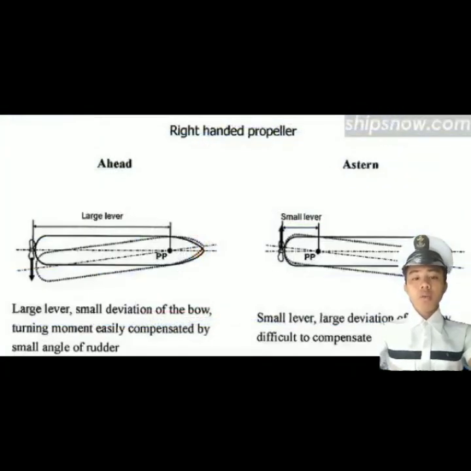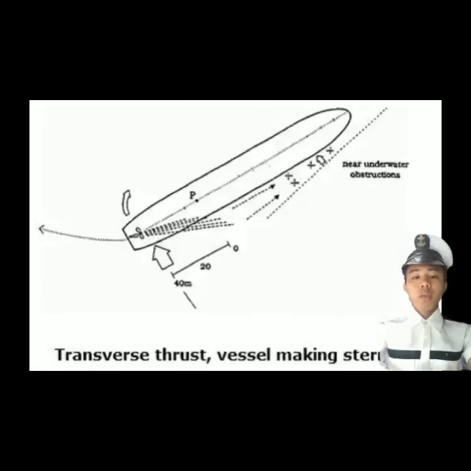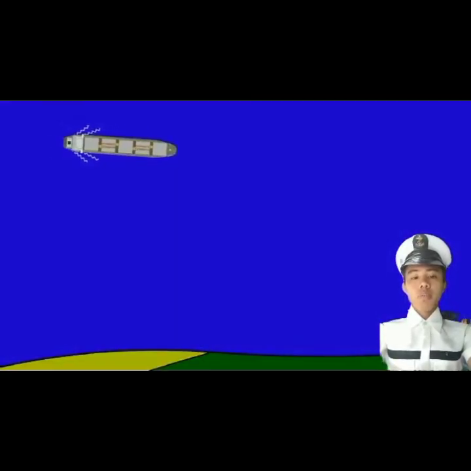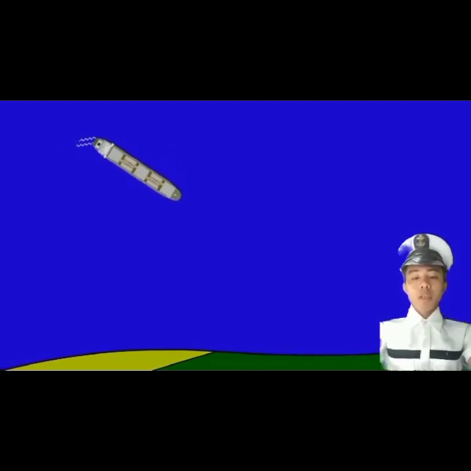During berthing, when a propeller is put astern on a ship moving forward at speed, the initial effect of transverse thrust is slight. However, as the ship's forward motion decreases, the effect of transverse thrust increases.